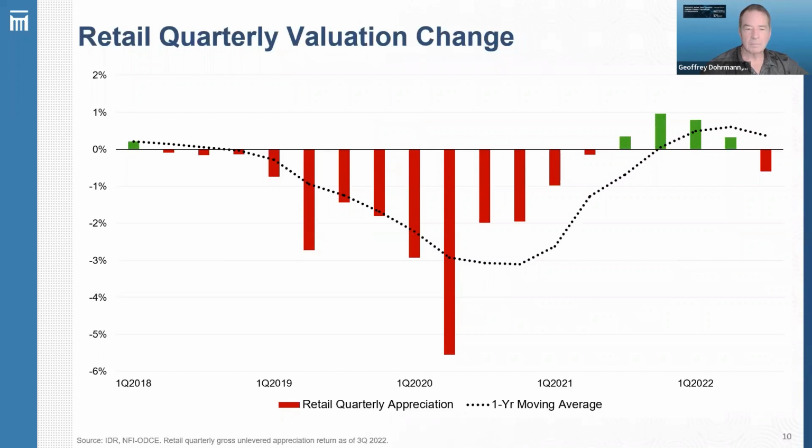So, I mentioned we'll talk about values. I wanted to hit on two things, the difficult sectors first. So retail, we started to see a bit of a leveling out at least of retail, and we're back to slight negative values again in the retail sector.